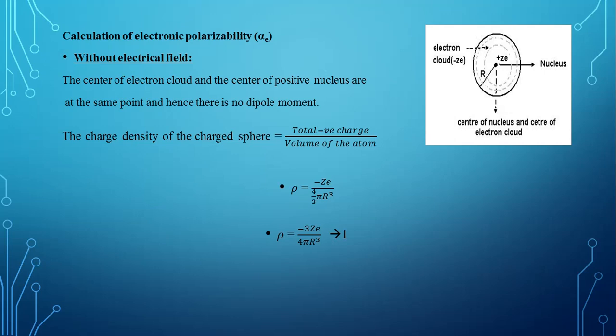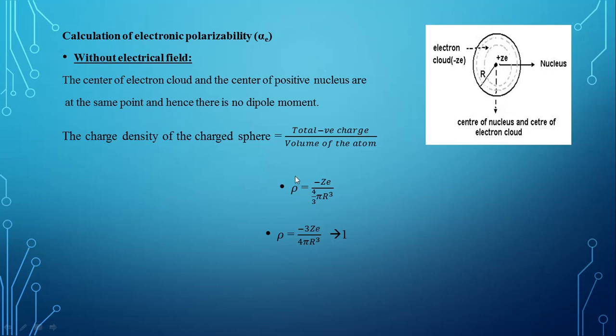The electrons of charge minus Ze are distributed uniformly throughout a sphere of radius R. The center of the electron cloud and the center of the nucleus are at the same point, hence there is no dipole moment.